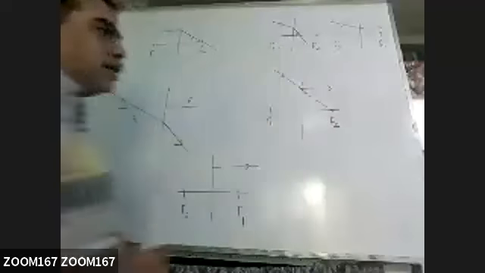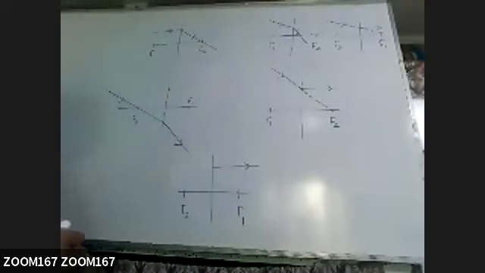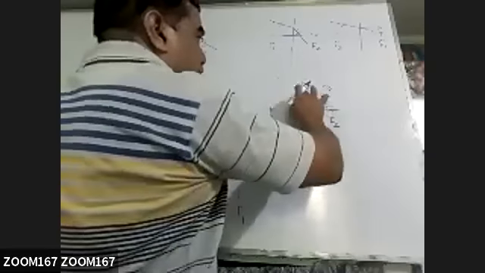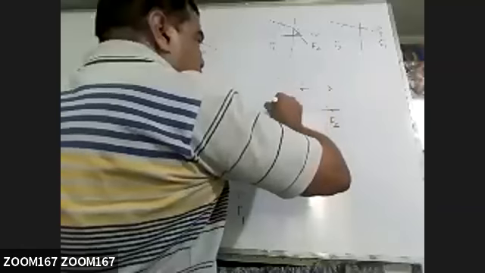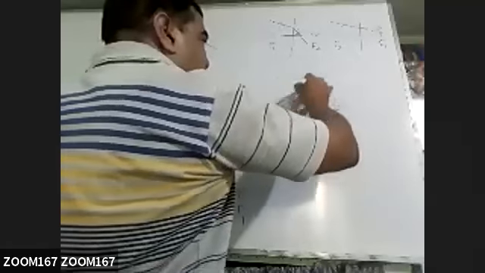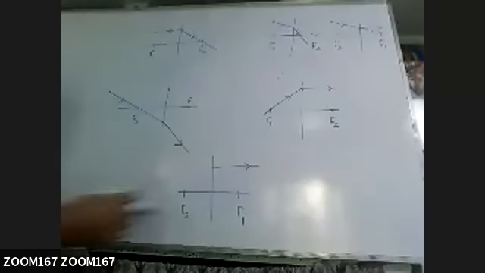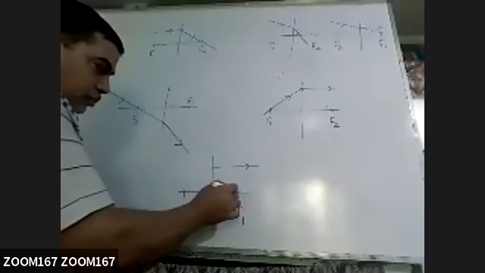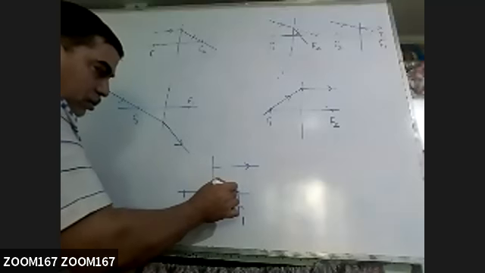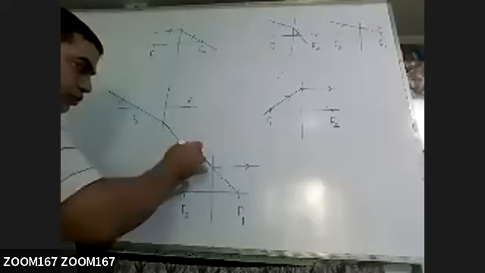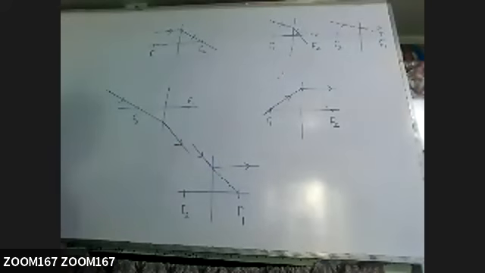So this is the incident ray. No, it is convex, no? It is a mistake. So it will pass through F1. Sorry, this is concave. So we will join this one. So this will be the incident ray.